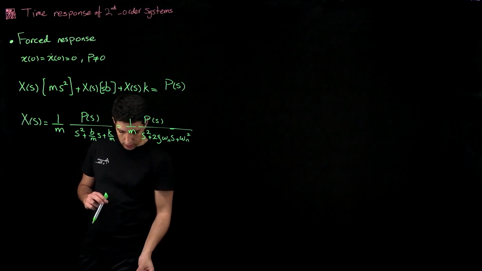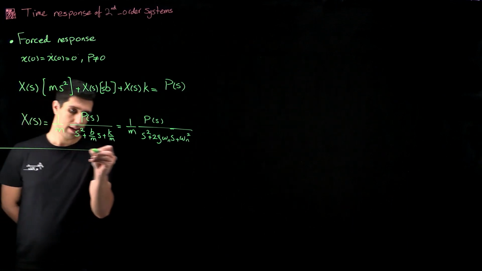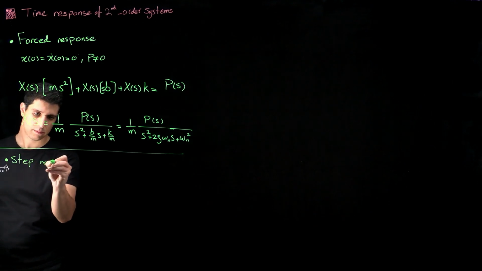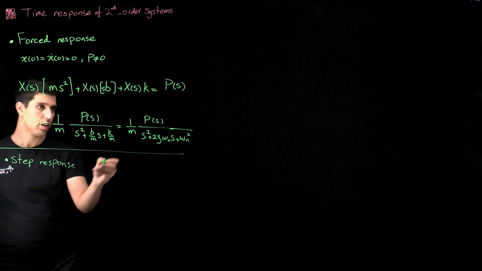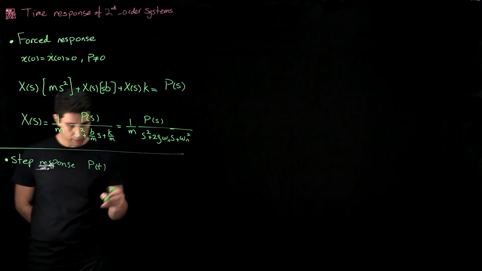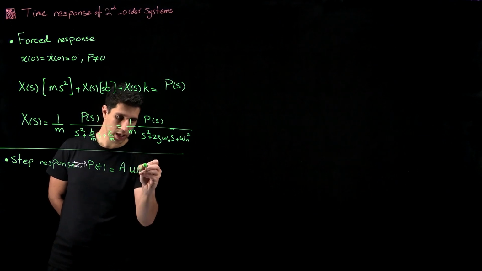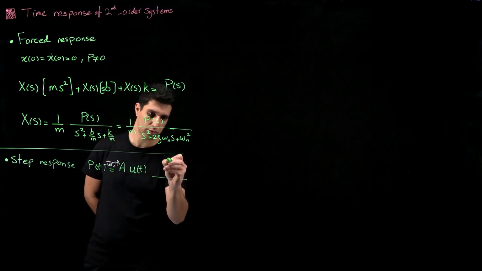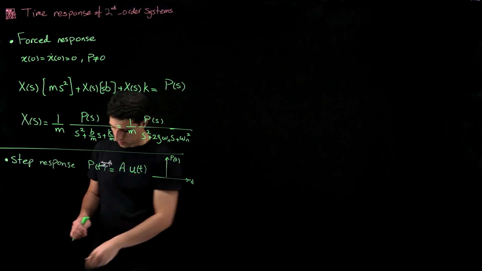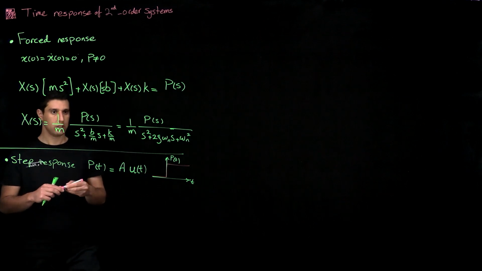Like before, the useful one that we heavily rely on is the step response, where p of t, the input as a function of time, is some value a u of t, where u is the step. So if I want to draw it again, this is p of t, this is t. I'll have this kind of input coming at a.